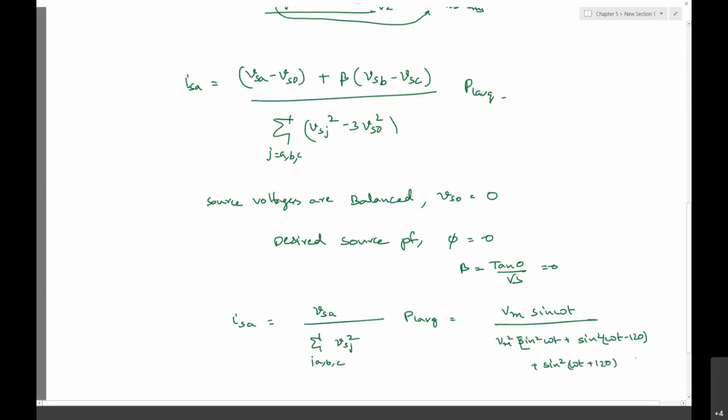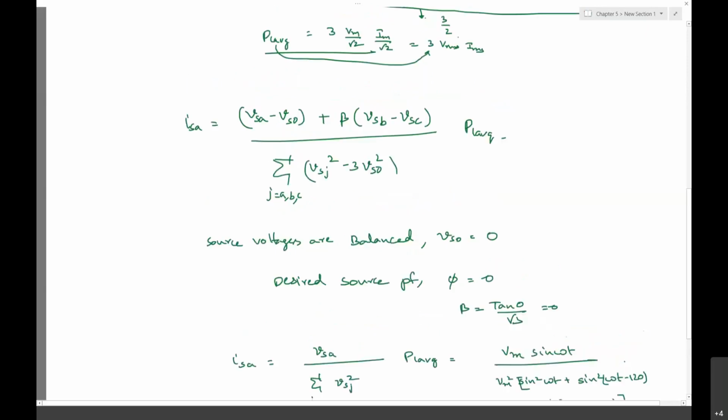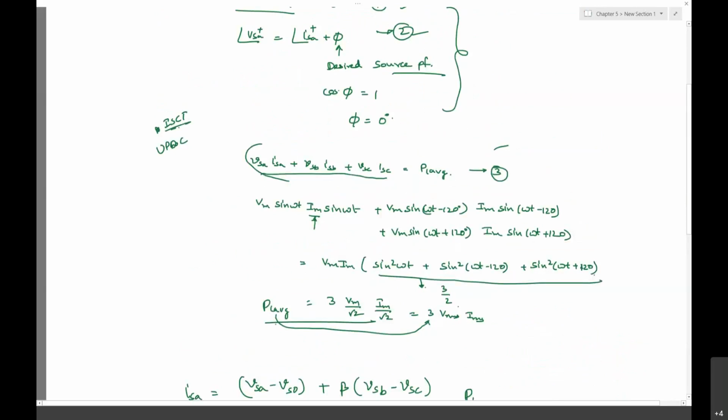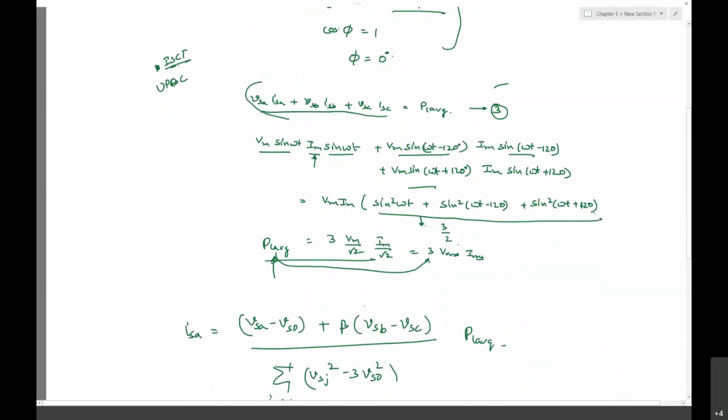In the last class, we saw one more equation, the PL average equation, for these currents. What we get is 3 Vm Im, which equals Vm Im into this equation.